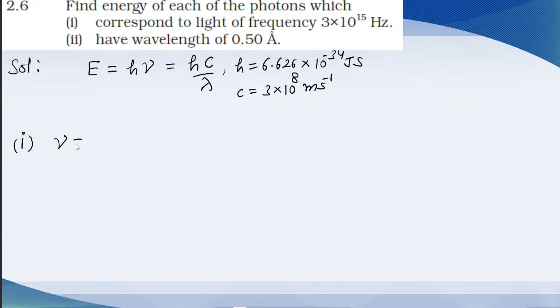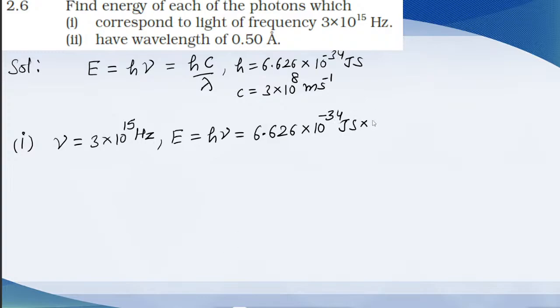Frequency is 3 into 10 raised to power 15 hertz. Energy is equal to h nu. h is 6.626 into 10 raised to power minus 34 joule second, and frequency is 3 into 10 raised to power 15 hertz, means per second.